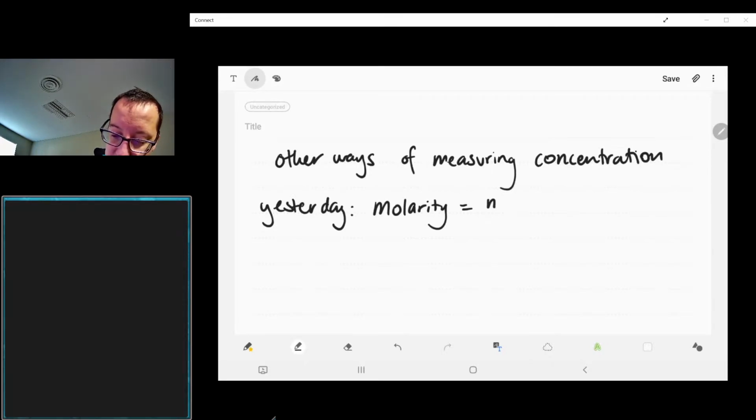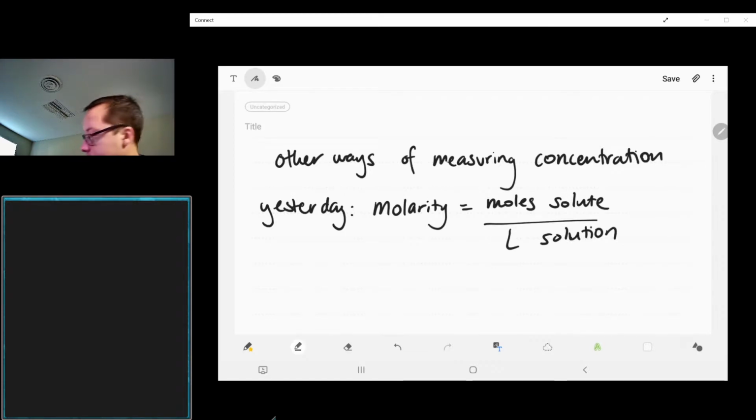Which was moles of solute per liter of solution. And so we're going to look at a couple more today. Ones that are somewhat more or less commonly used, at least in chemistry.